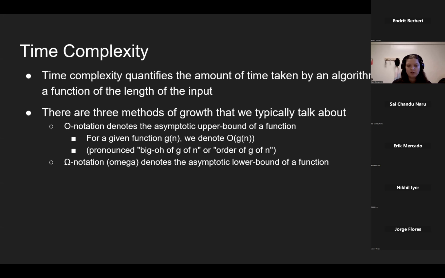I'm just going to go over the third way we can measure this, and that's the theta notation, which is the tight bound. So you consider the tightest lower and upper bound of the function.